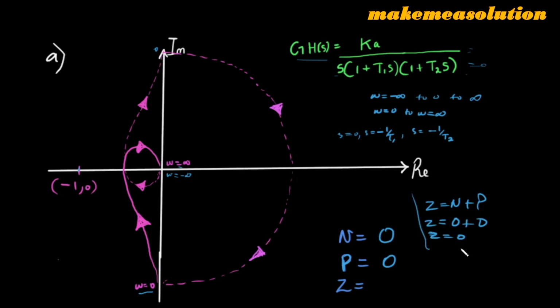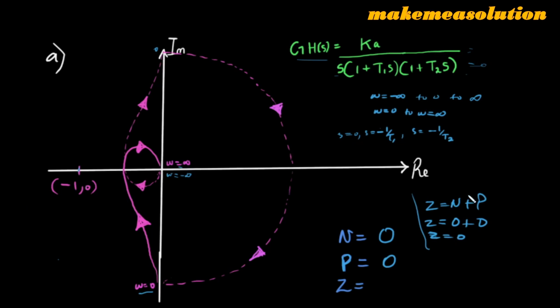So since z is equal to 0, remember z is considered as the number of closed loop poles. Is that okay? Number of closed loop poles. So the number of closed loop poles is 0. It means that the stability of the closed loop system is guaranteed, since the number of closed loop poles to the right hand side of this plane has been determined as 0.